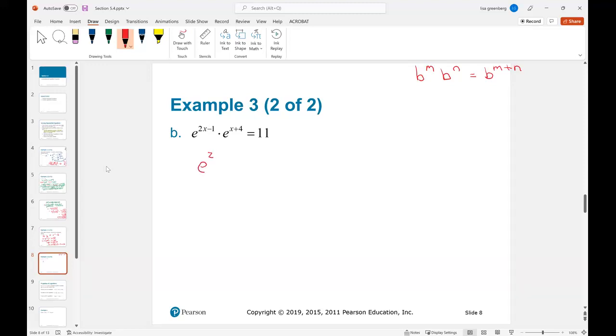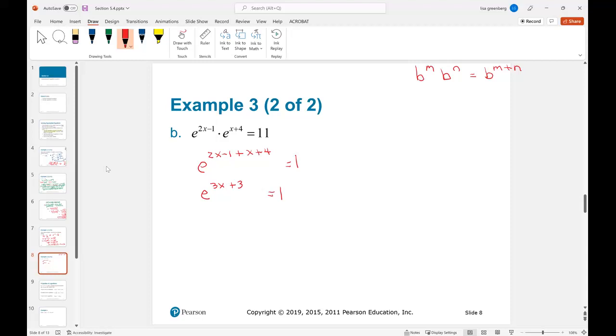So I get 2x minus 1 plus x plus 4 equals 11. I combine like terms in the exponent and I get 3x plus 3 equals 1.